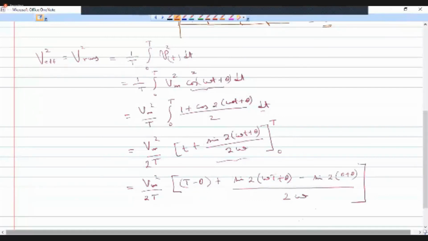Now what happens to this function? So what is capital T? Capital T is equal to 2 pi by omega, because it's a sinusoidal function. Theta in the earlier case, let me put it as theta dash.